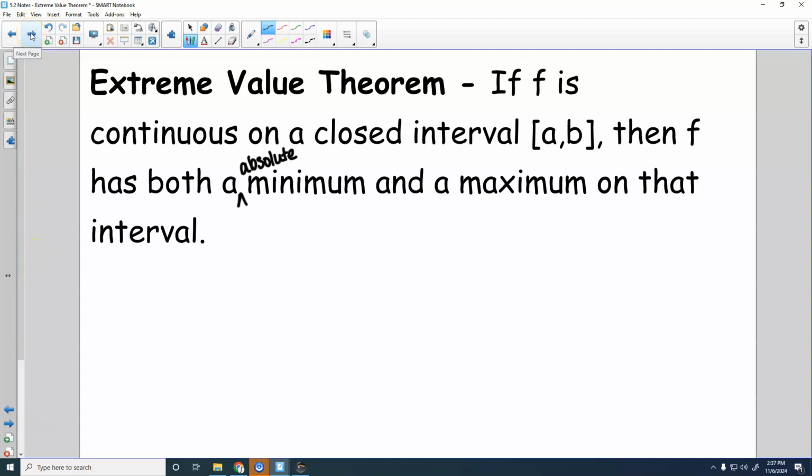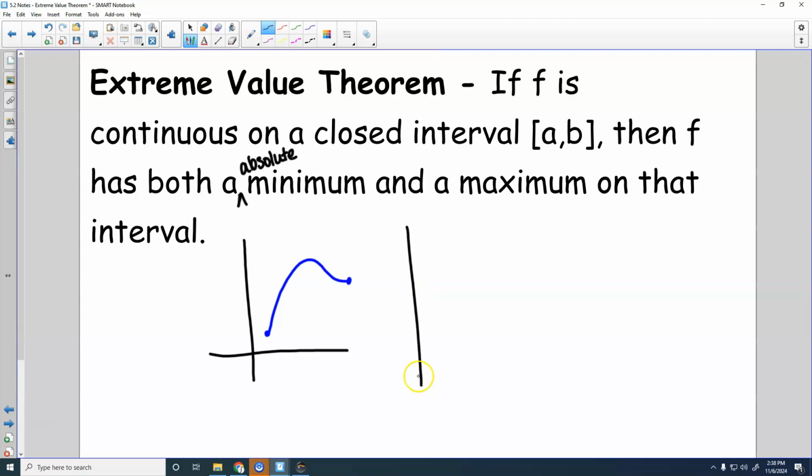So this is really a pretty easy theorem. It just says if you have a function and it's continuous, you have to have a maximum and minimum if it's on a closed interval because it has endpoints, right? So like something like this, there's your minimum, there's your maximum.